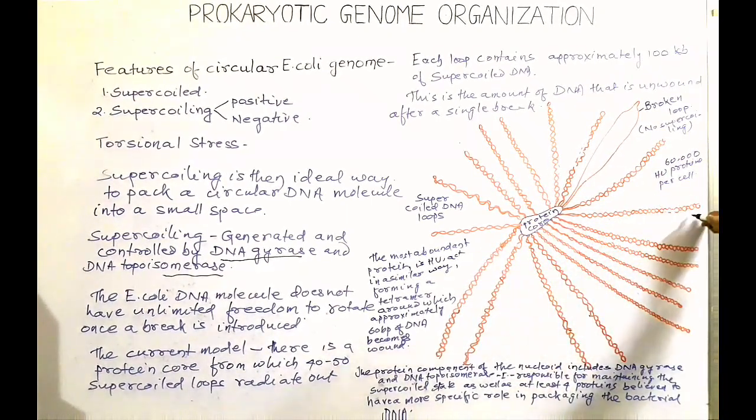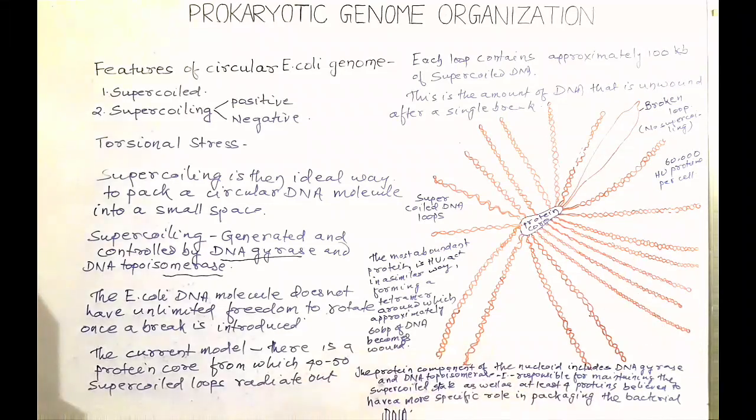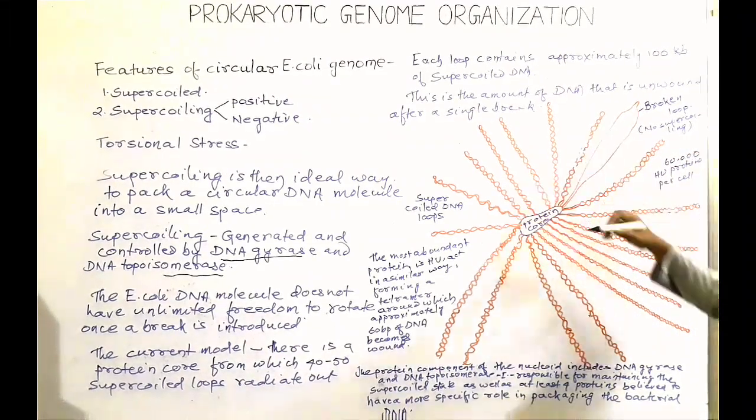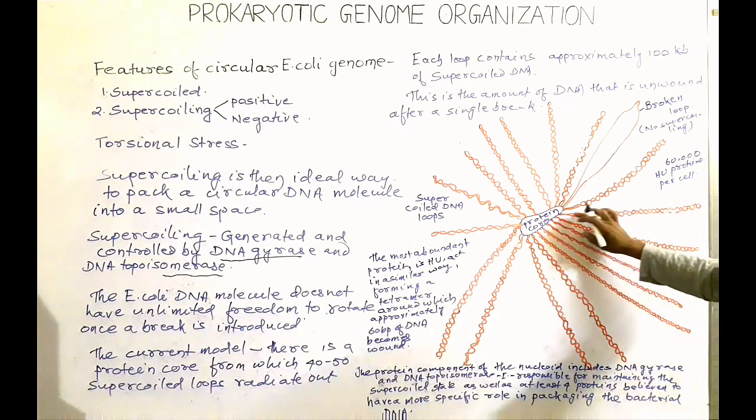Each loop contains approximately 100 kilobase of supercoiled DNA. In each loop, the DNA is present in supercoiled form. When we introduce a break in one loop, then the supercoiled DNA that is present in this loop only will be opened up.